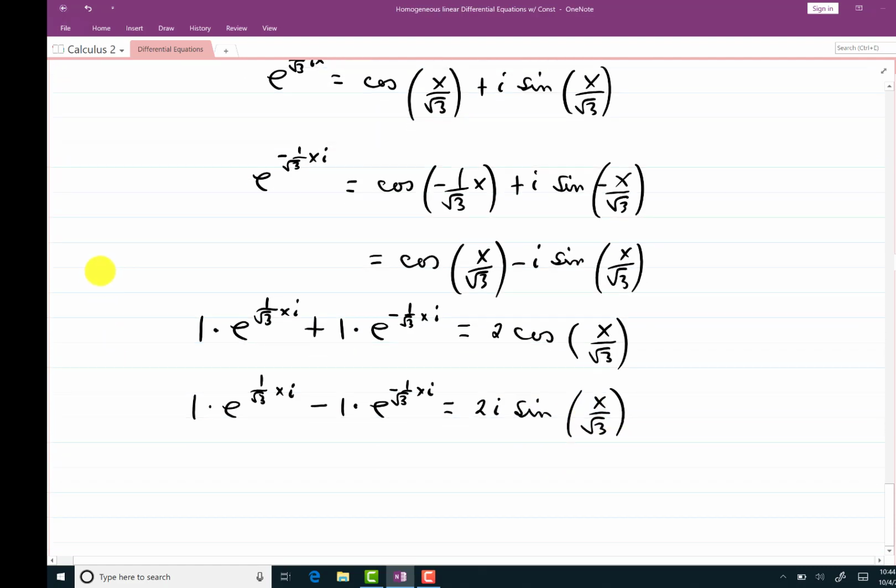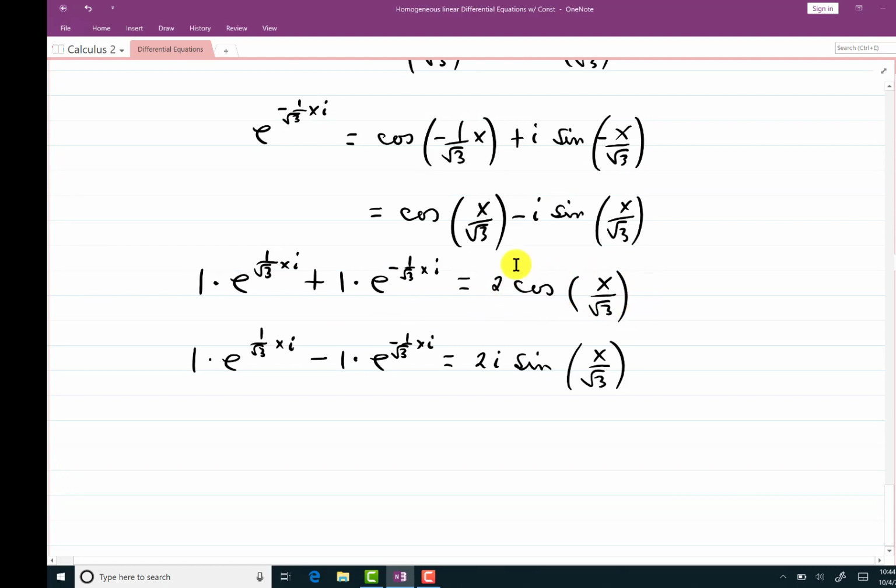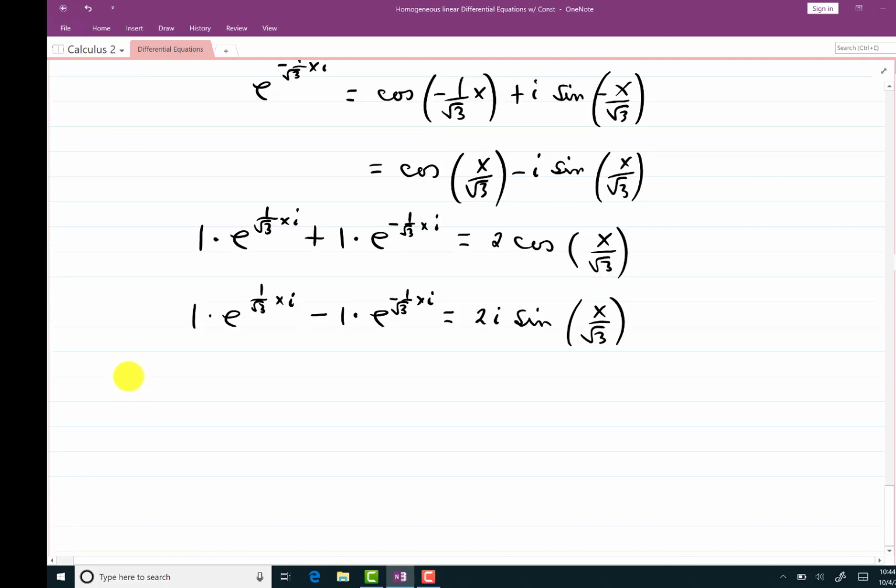So both of these things are solutions, and if you do the Wronskian on cosine versus sine, you're guaranteed to get a non-zero answer. What I mean is these will be two linearly independent solutions as well.